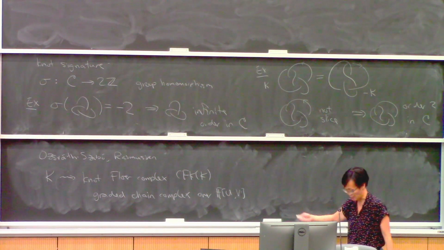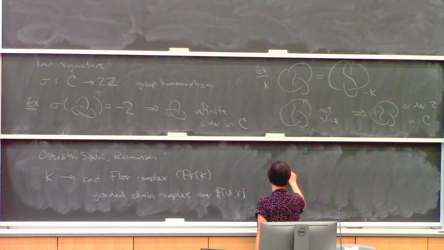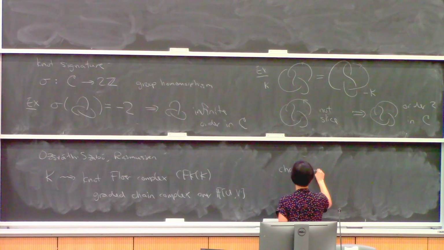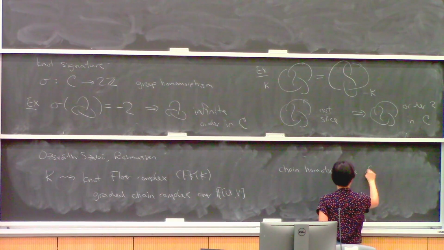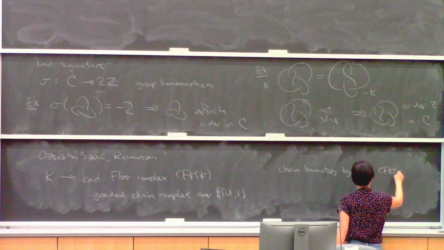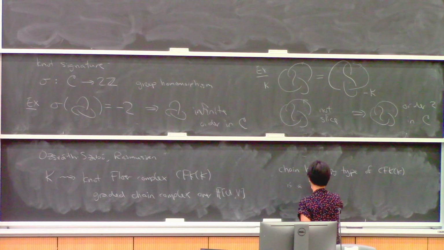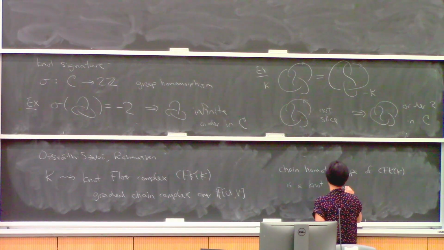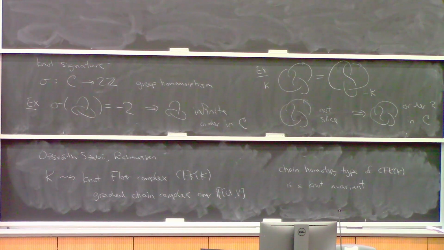The chain complex maybe depends on how you describe your knot, but the chain homotopy type of your chain complex is a knot invariant. So in particular, the homology of this chain complex is a knot invariant.